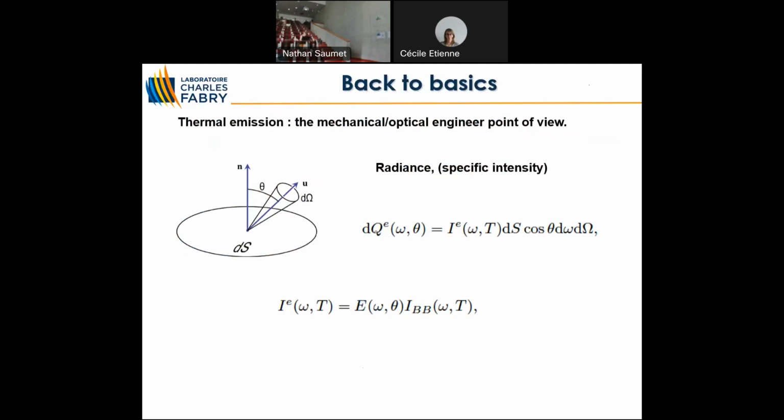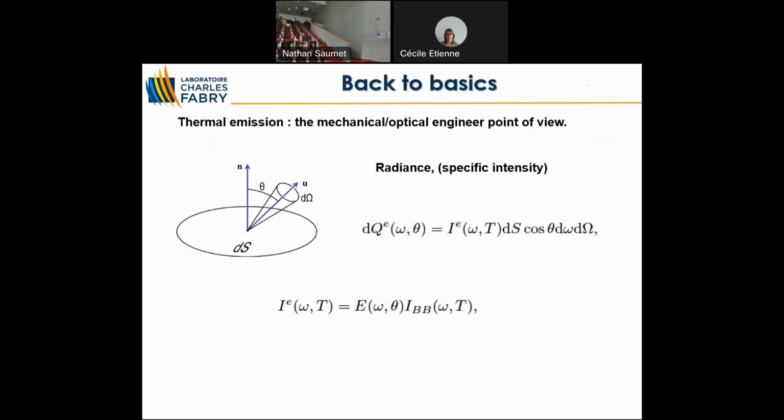That's the emitted power per unit area, per unit solid angle in a given frequency interval. So that's essentially the optical étendue. And that's this function here, which is a function of polarization, frequency, temperature, direction. This is the specific intensity or radiance emitted by a surface.